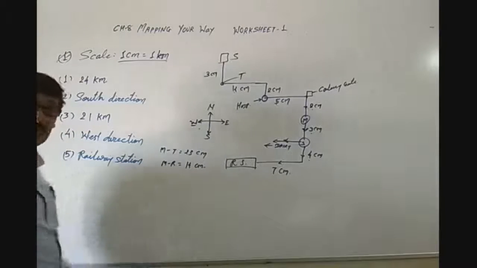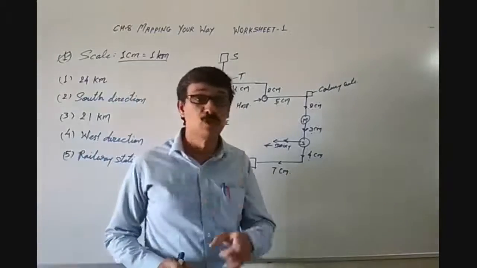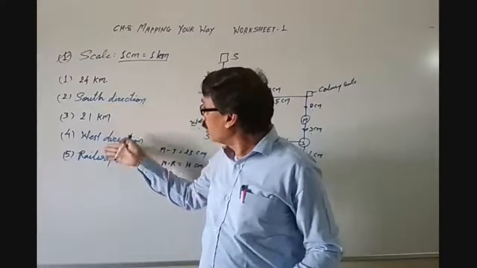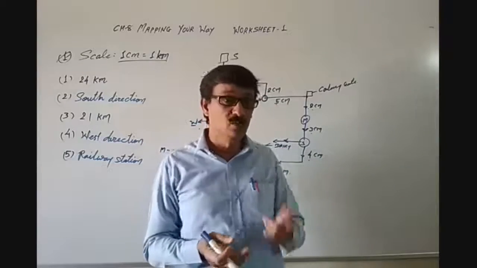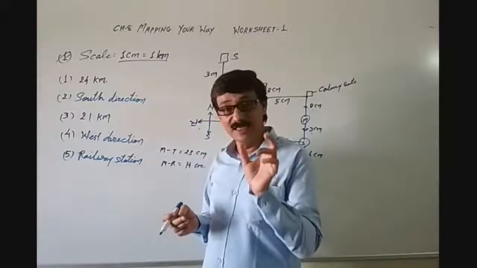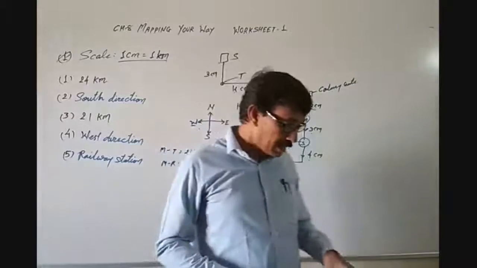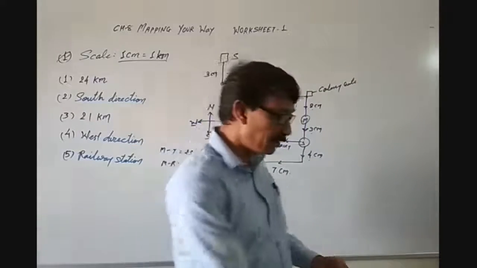Like that you should answer. You should not answer in this way. The way I am speaking to you, in that way you should answer. Okay, so with this first question is over.